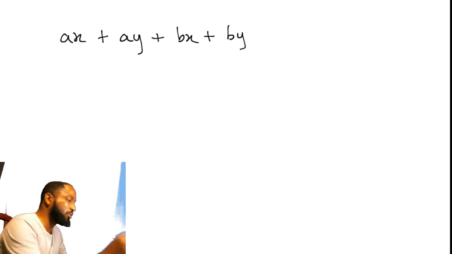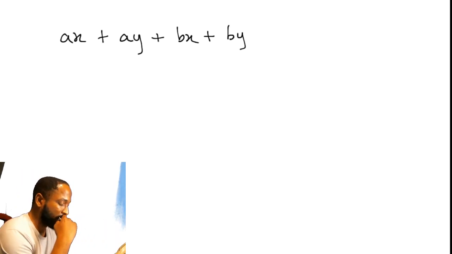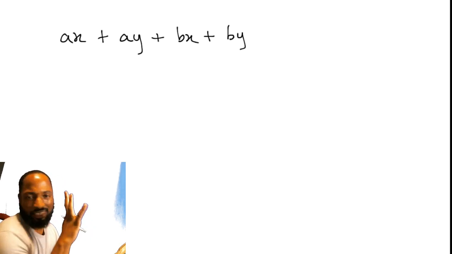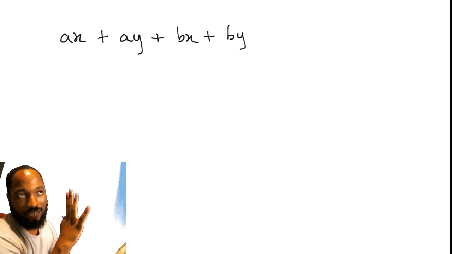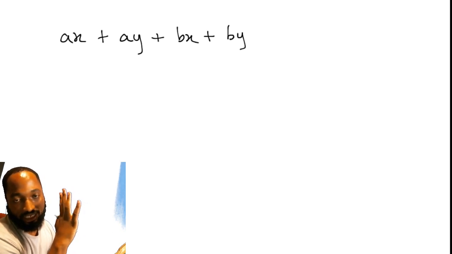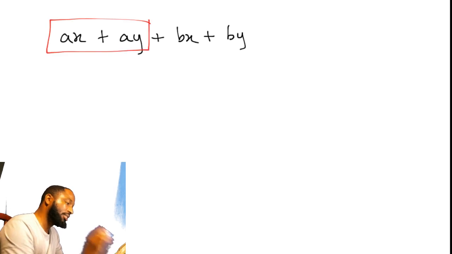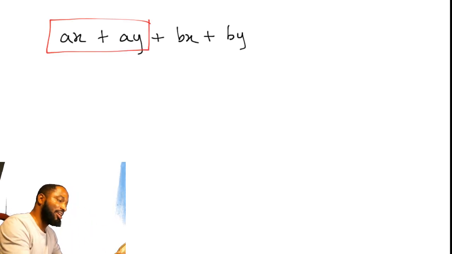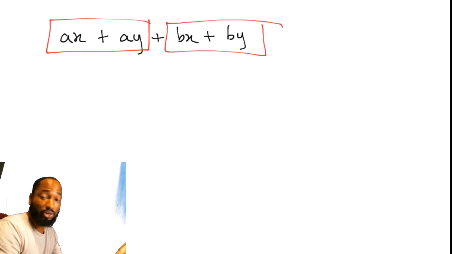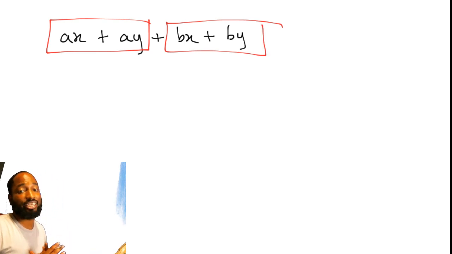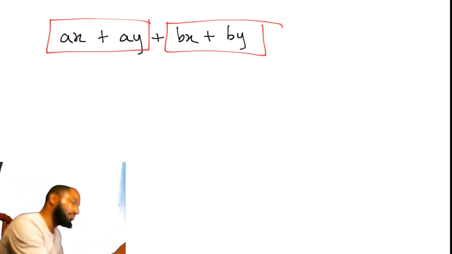You need to approach this a little differently. How I tell students to approach this: once you see 4 terms, 99.999% of the chances this is what they want you to do. This you factorize separately, and this you factorize separately, then you'll do one more factorization at the end. Let's see what I mean.